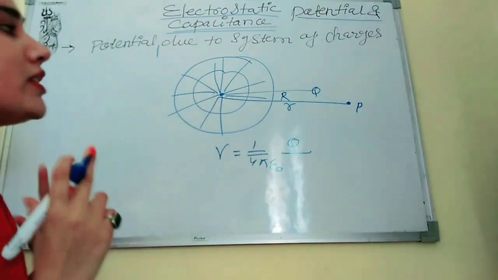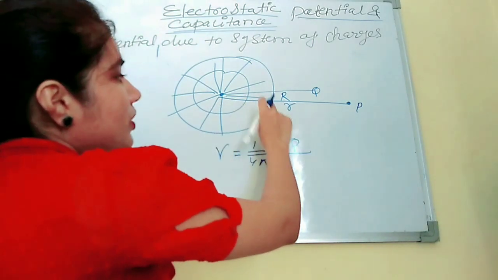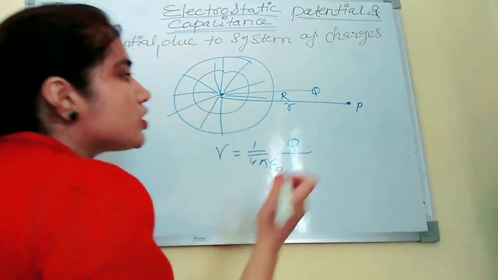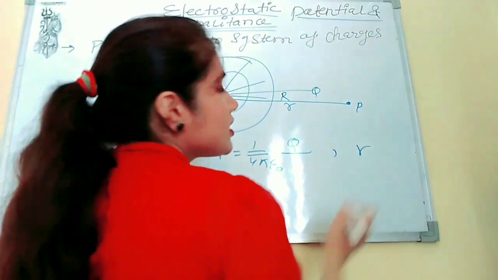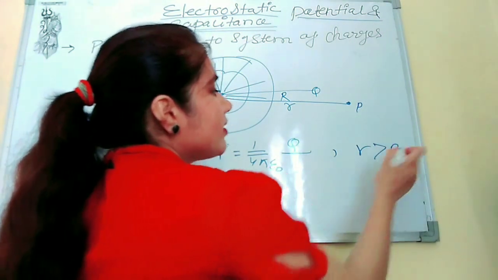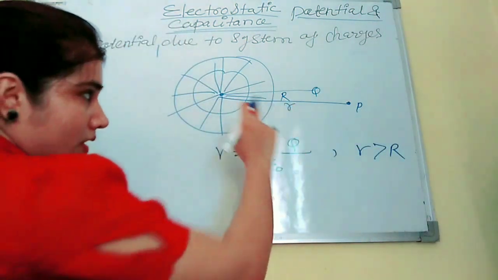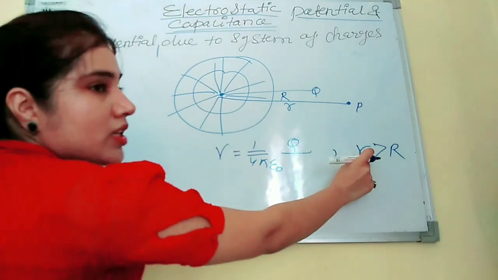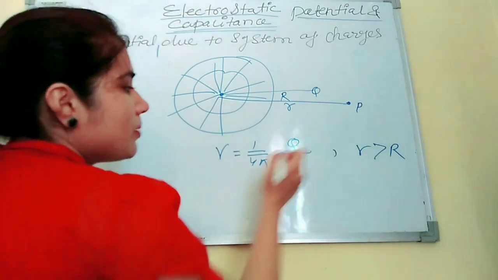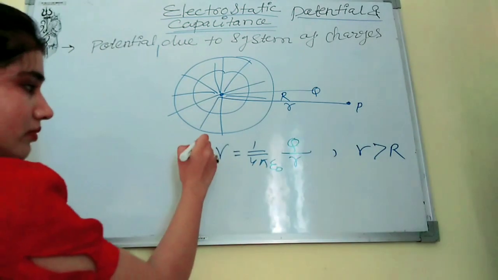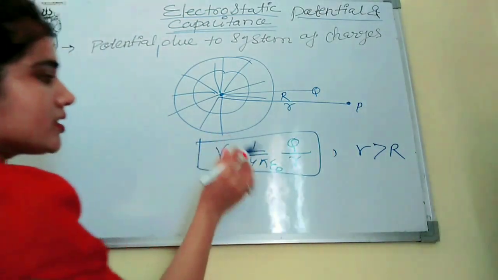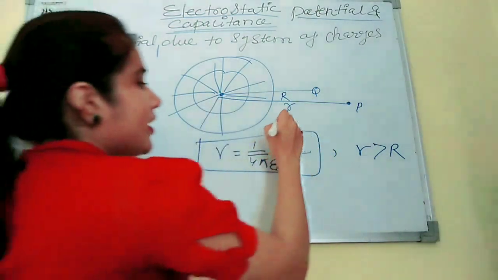Which distance will we take? Since we are talking about the potential outside the shell, small r is greater than capital R, so we simply put r here. This is the potential outside the shell.